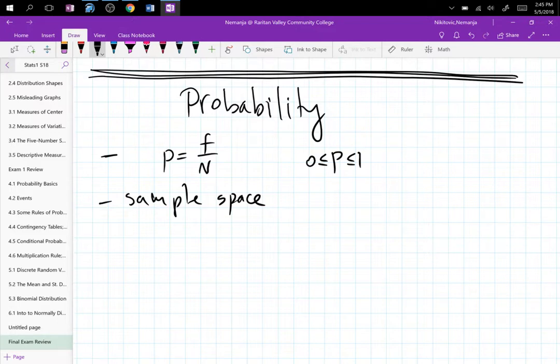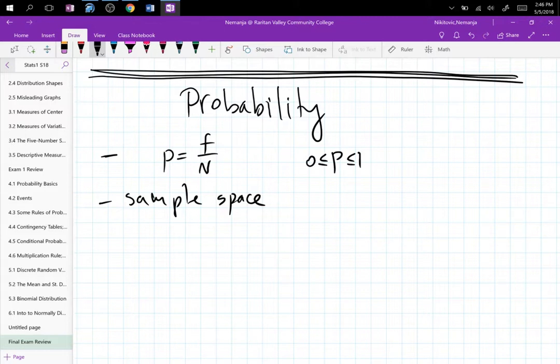If I'm asking you to pull a card from a deck of cards, you are not considering cars, trees and people. You are only considering the deck of cards. So your sample space is ace of spades, 2 of spades, 3 of spades, 4 of spades, and you go for all 52 cards, and that is your sample space.